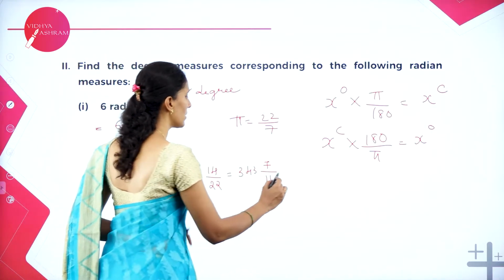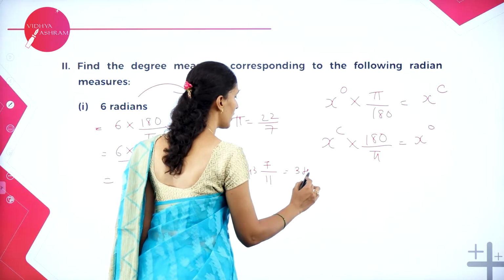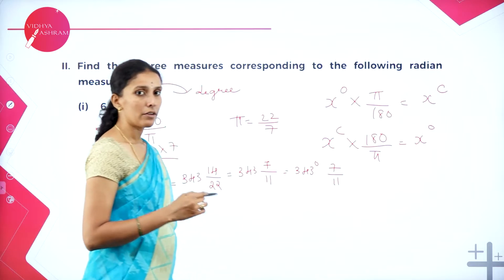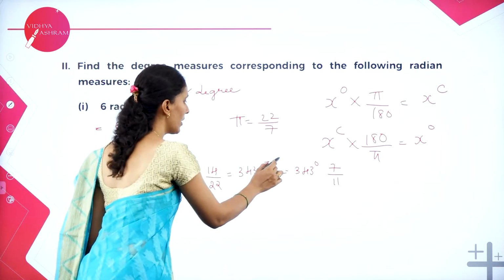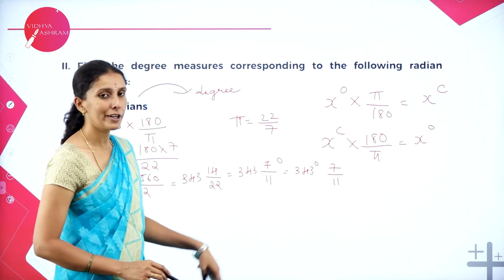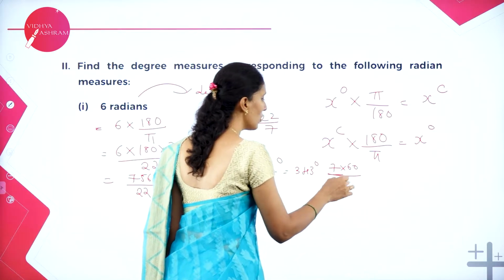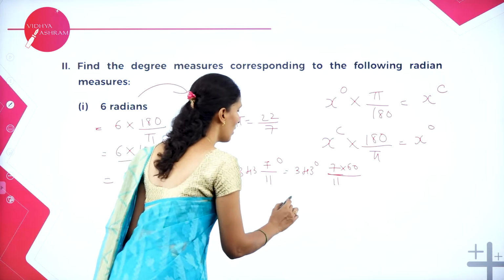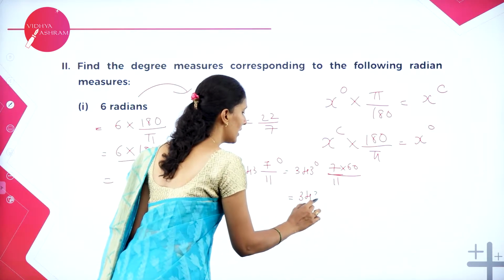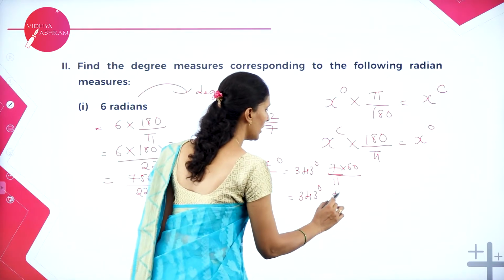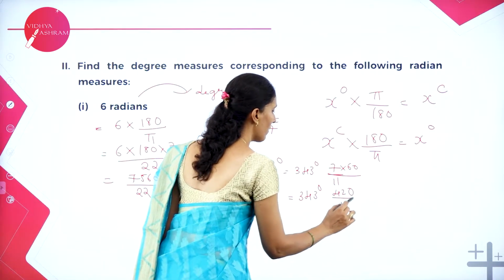So this can be written in the form of 343 degree and 7 by 11 degree, but you are converting the 7 by 11 into minutes now. So when you are converting into minutes, multiply by 60. Now again you will get a mixed fraction. So therefore it is 343 degree. Now 7 sixes are 42, so 420 divided by 11 minutes.